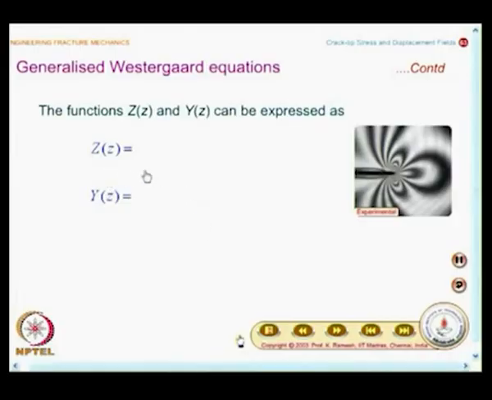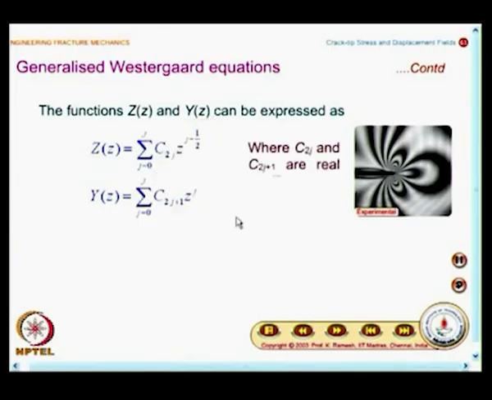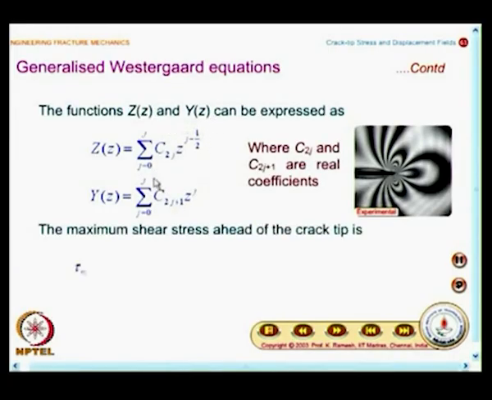Now, for mode 1 counterparts, you had these functions Z and Y given as a series solution. So, you need to go for a series solution like this, and you have to ensure that the real part of Z2 is 0 on the crack faces to satisfy the boundary condition there. Similar to the mode 1 situation, here also the imaginary part of Y2 should be 0 on y equal to 0.